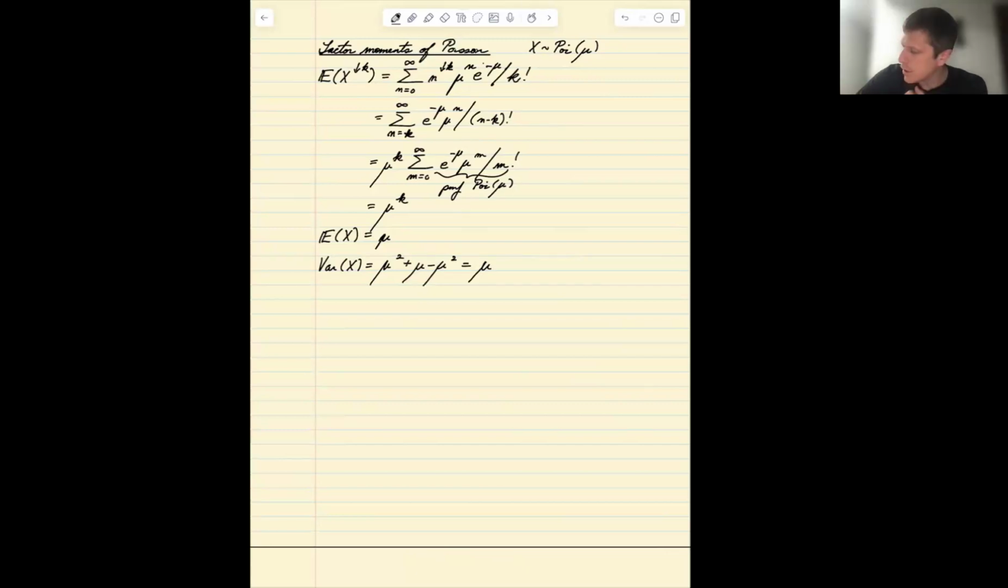Some other properties: the mode of the Poisson, the most likely value.